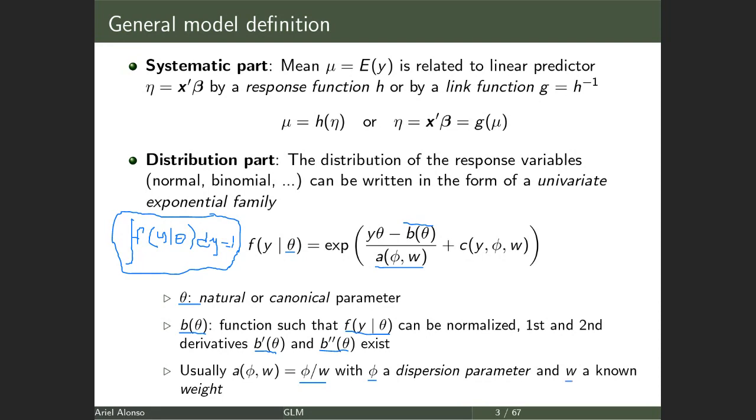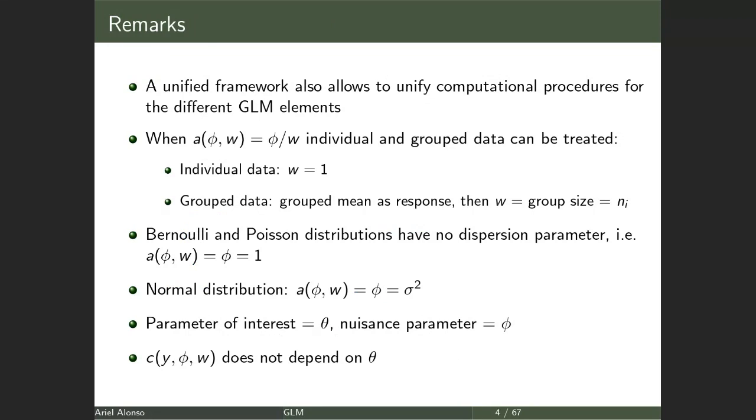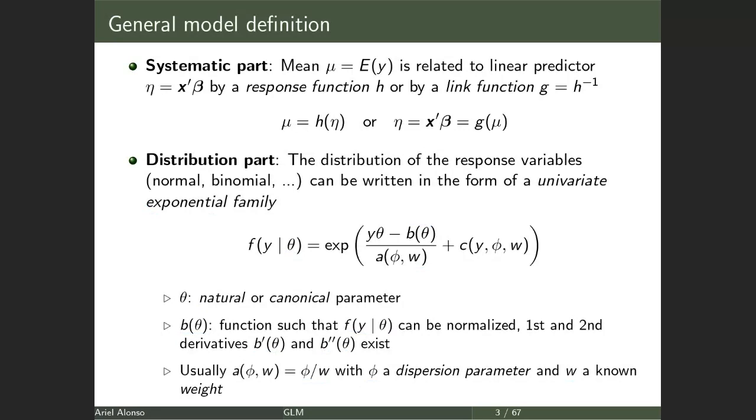But here we leave it in a more general way. So in principle, this A of psi and w can be a completely general function, but keep in mind that most of the time we will use just psi divided by w. That's just a constant, it doesn't depend on y. And then you have this other function, the C function, which is just a general function that doesn't depend on theta.